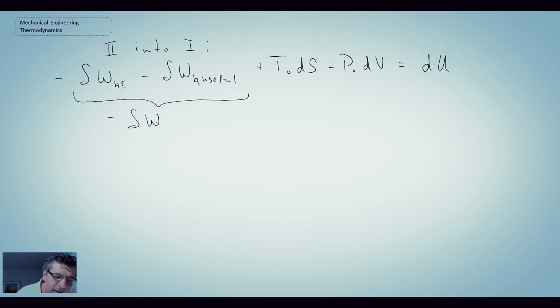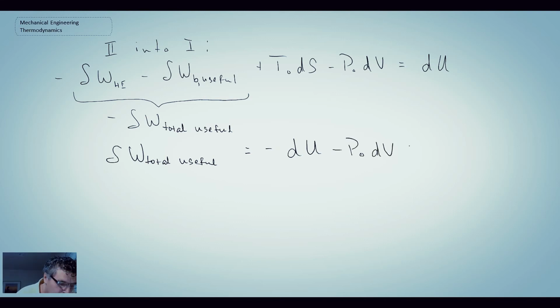What I'm going to do is combine the two forms of work, both the heat engine as well as the useful boundary work, into what we will call the total useful work coming out of our gas at pressure P and temperature T. So there we have an expression for the total useful work coming out of our internal energy.